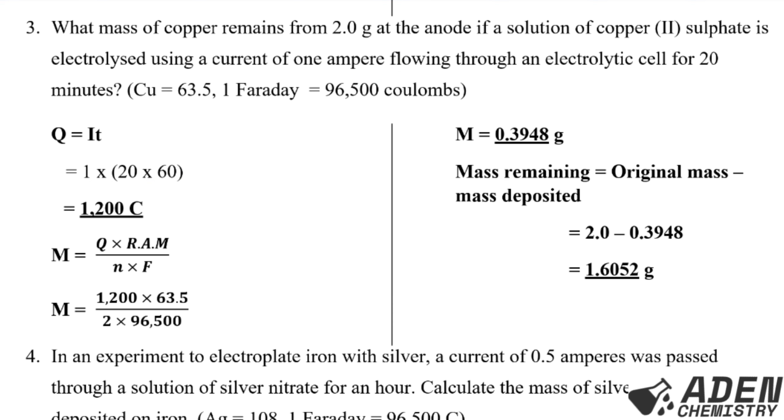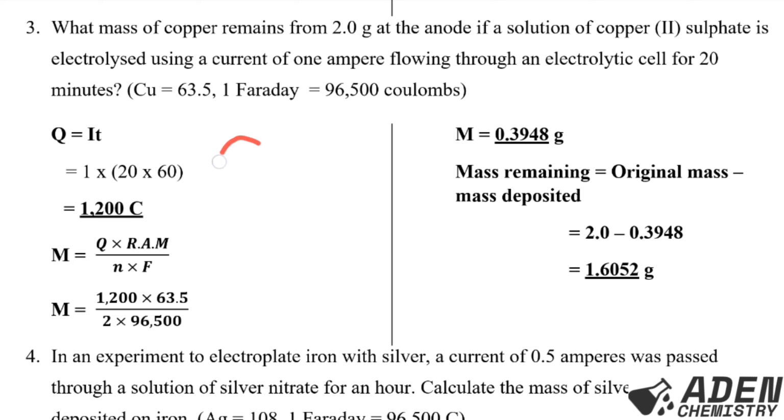So we write our formula. Mass will be equal to Q multiplied by RM divided by N times F. So Q is what we have gotten now, 1,200, then multiplied by the RM of copper, which is 63.5, given in the bracket, divided by N. Our N is 2 because our electrolyte is copper 2 sulfate.